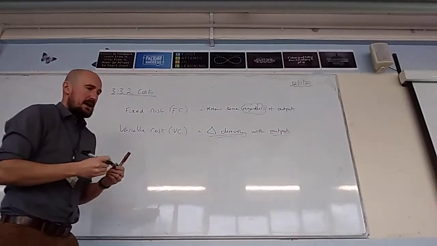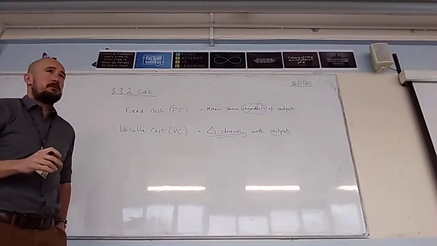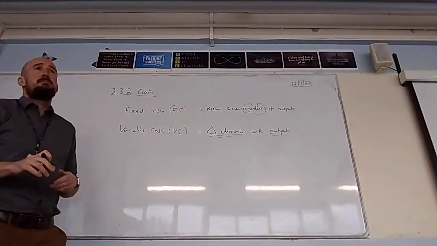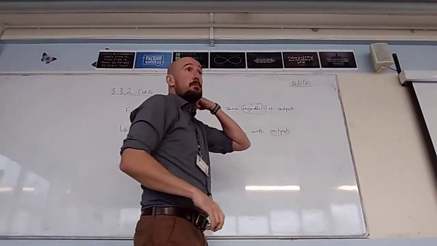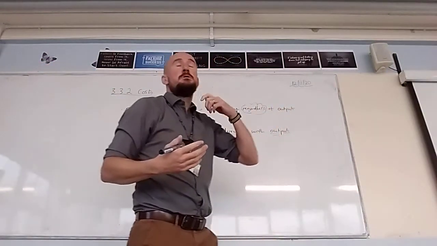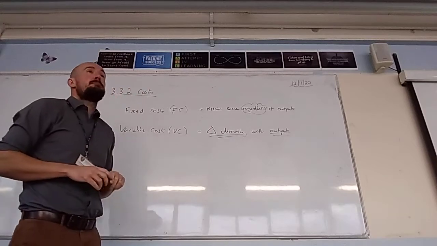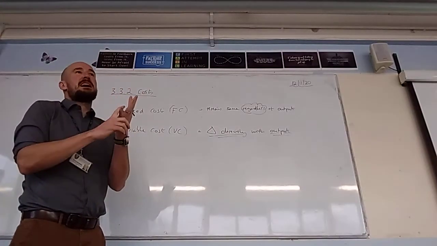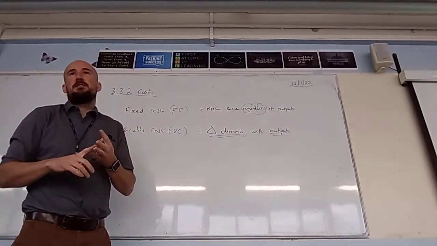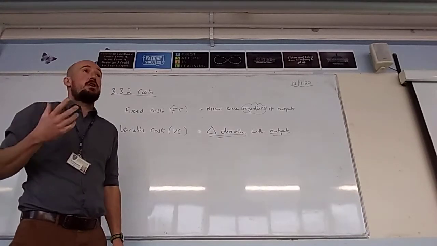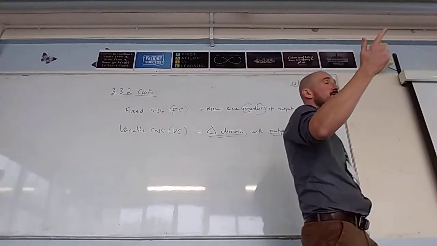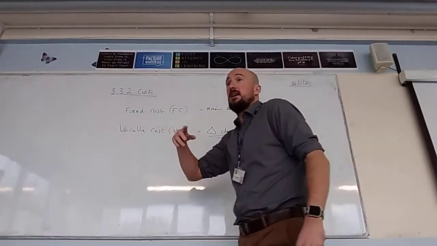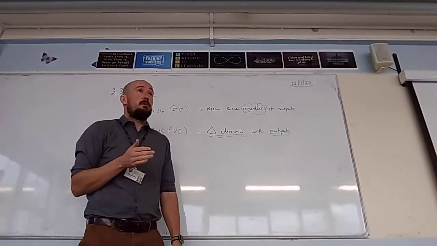So just to point out at this stage an element of confusion that sometimes happens: if I think about my mobile phone, my monthly bill, if I've got unlimited minutes, unlimited data, I would argue that is a fixed cost, because no matter how many phone calls I make, or how much internet usage or text messages, it will be the same price every month.